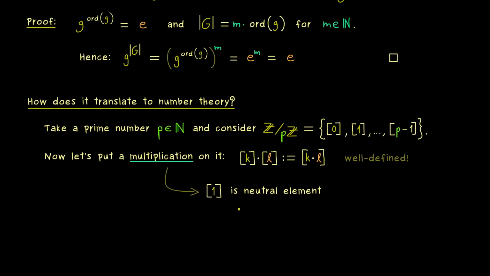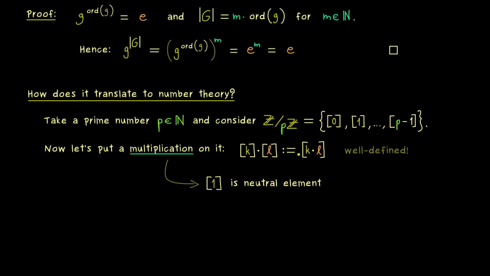And there I can already tell you this does not work in general because we have a 0 involved, and 0 times anything is always 0. But perhaps it could be that if we exclude this annoying element, then we could have a group. And in fact, in the case that p is a prime number, then this is correct. So in other words, we get a multiplicative group as well.